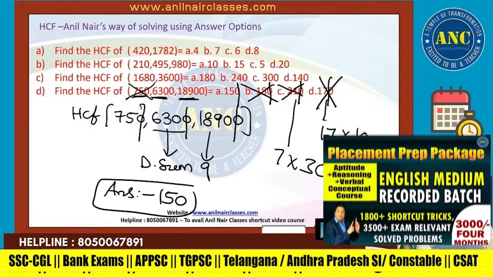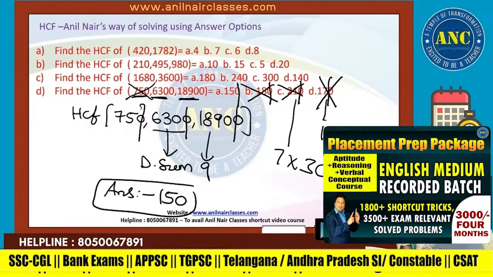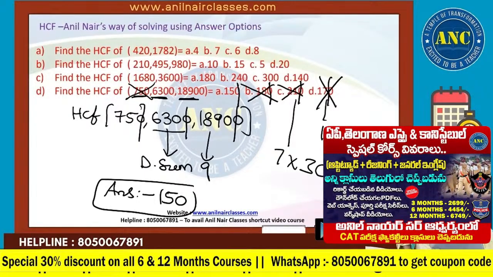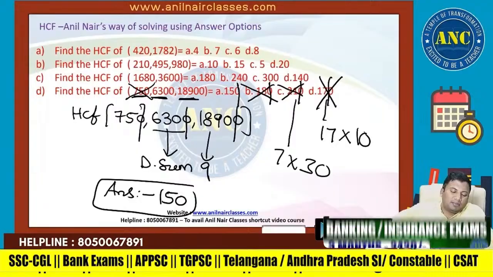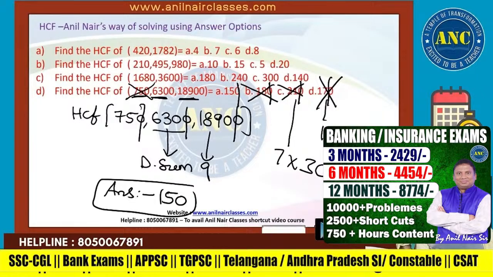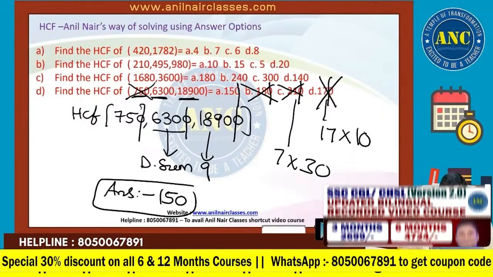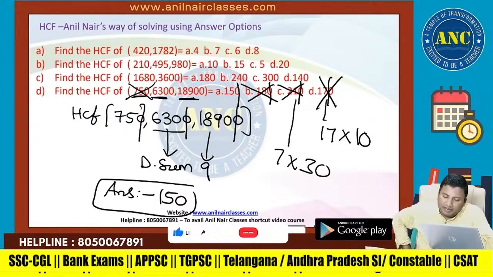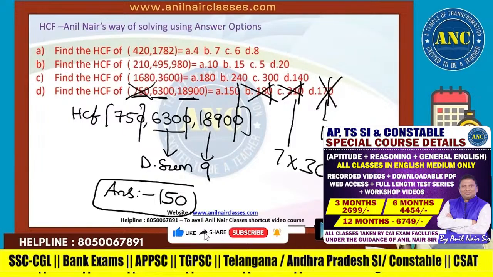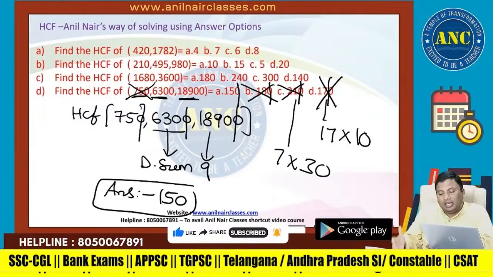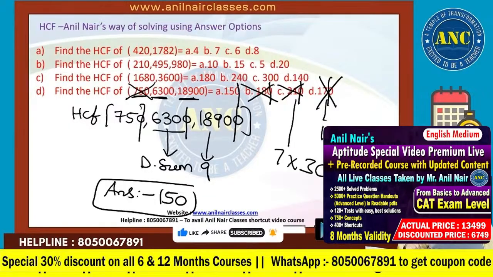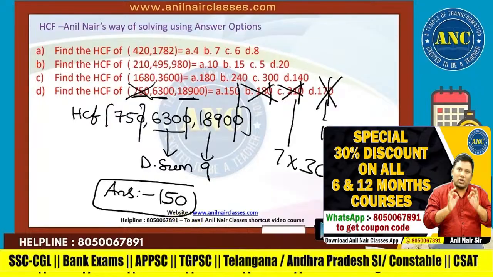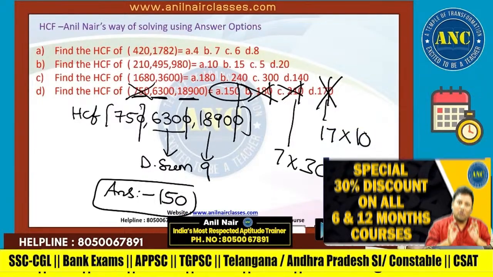If I look at option B, 180 digital sum is 9, 6,300 digital sum is 9, 18,900 digital sum is 9, but 750 digital sum is not 9. 180 is out. 170 is 17 into 10, and 750 or 75 is not a multiple of 17. 170 is out. 210 is 7 into 30, and 750 is not divisible by 7. So the answer for this question is 150.